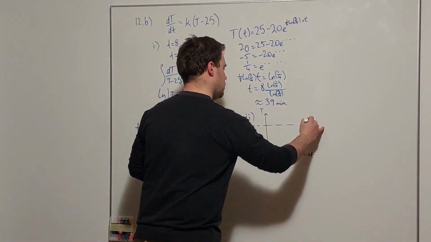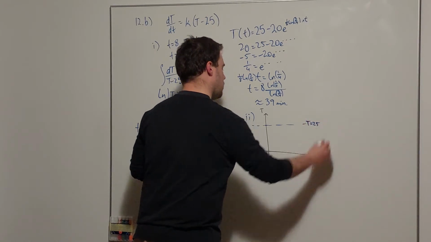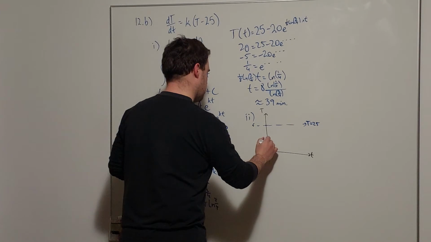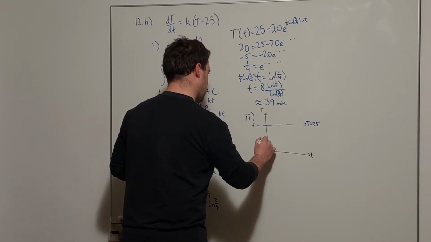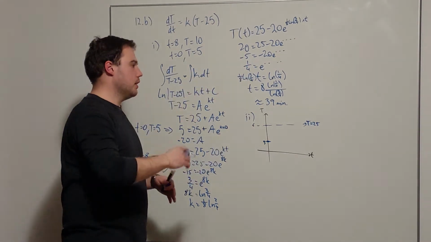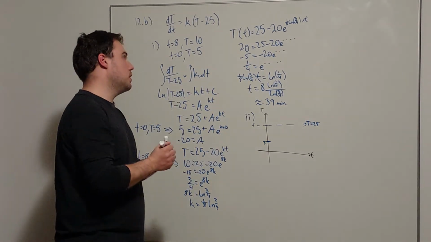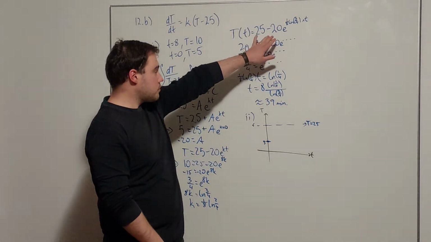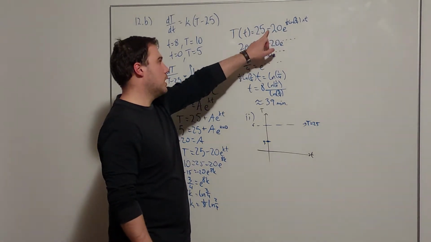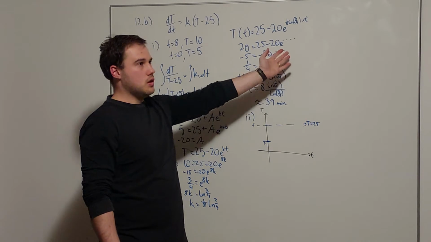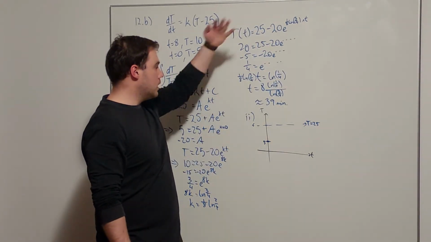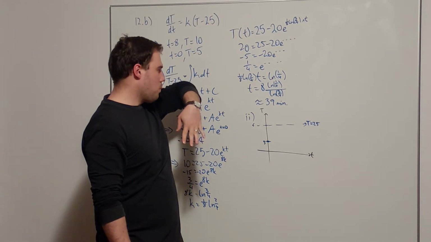So this is the equation, T equals 25. Basically it's going to go up there exponentially. If you think about this, this is an exponential. Negative is going to flip it down this way.